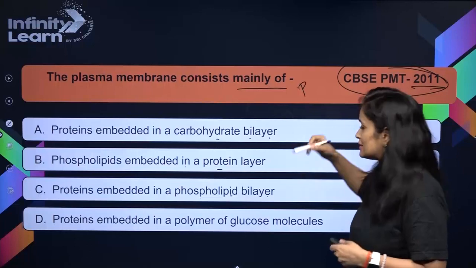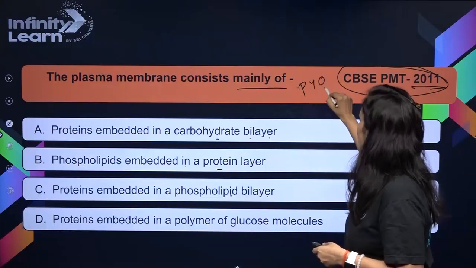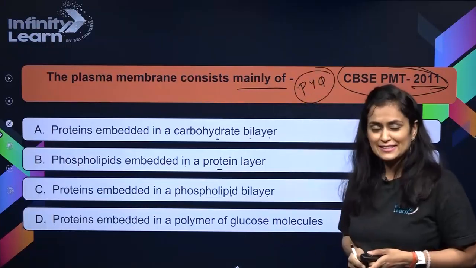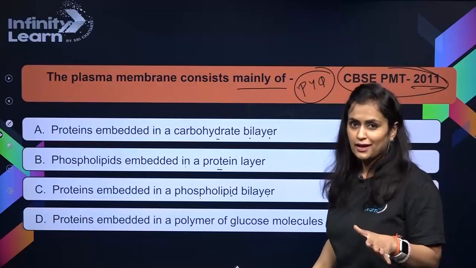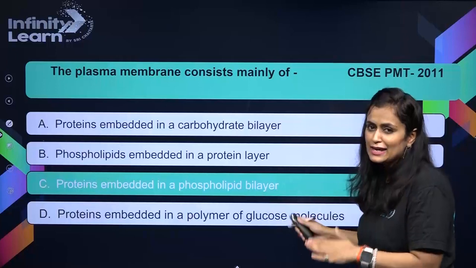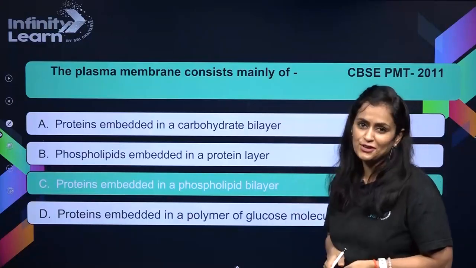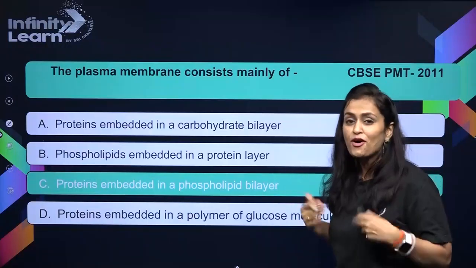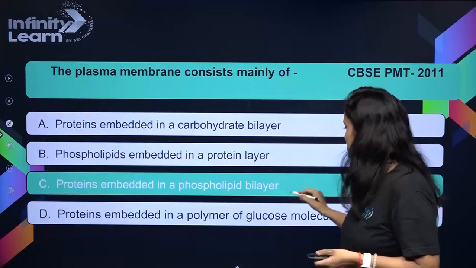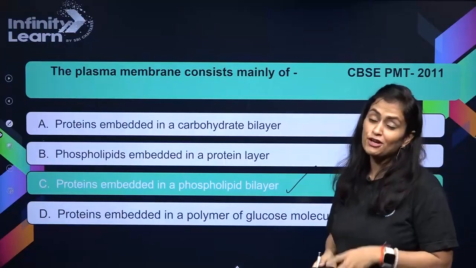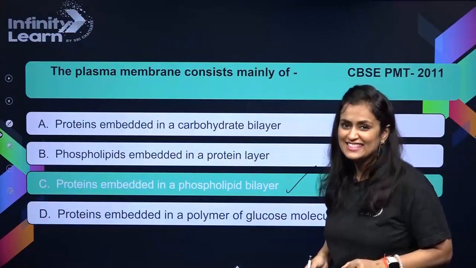PMT is pre-medical test, right? It is a PYQ of your NEET examination. If you have answered C, bravo, give a pat on your back, right? You have already scored 4 marks in the NEET examination today itself. Imagine what you can do by attending these lectures.